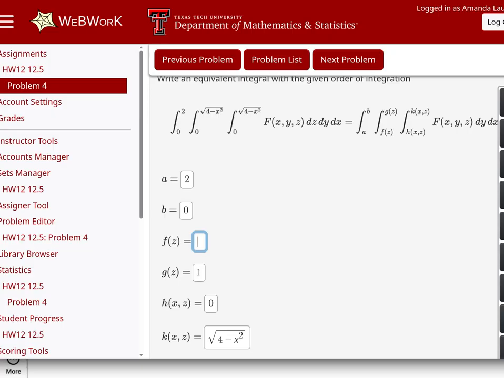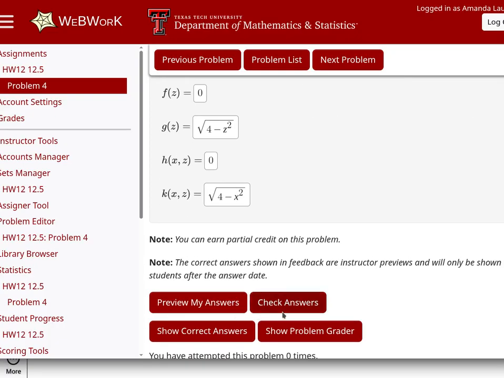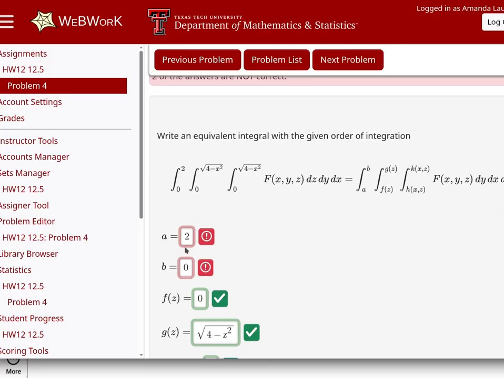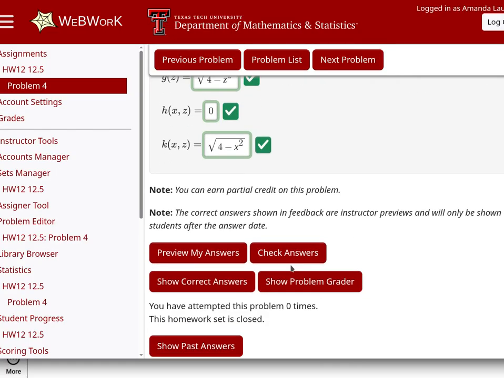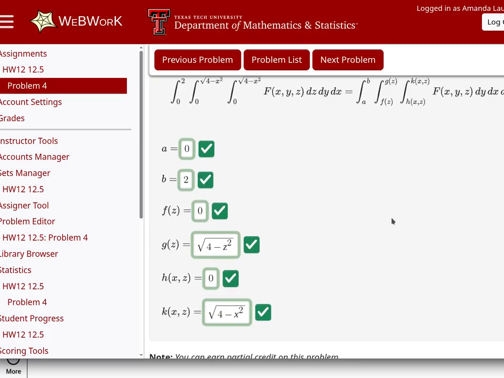And then my f of z, g of z was, f is the bottom, 0, root 4 minus z squared. Let's see what happens. No, not correct. What happened? Oh, a was my lower bound 0, b was the upper 2. That's my bad. Okay, so that was correct.